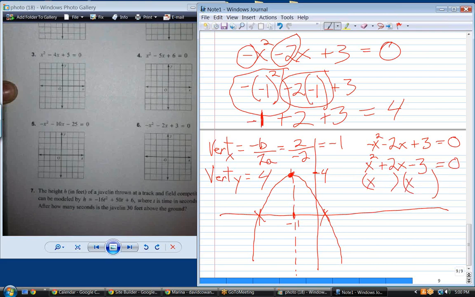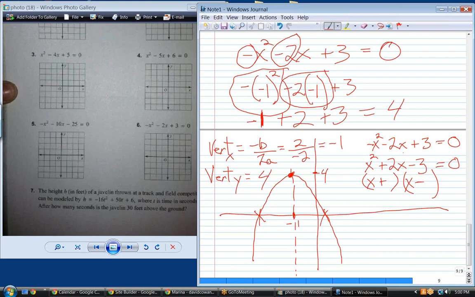Now, this is the first one we've come across where we are looking at a negative sign in front of the constant. What does that negative sign right there tell me about the signs here? That one's going to be negative and one's going to be positive. Right. They have to be opposite. They're not the same.